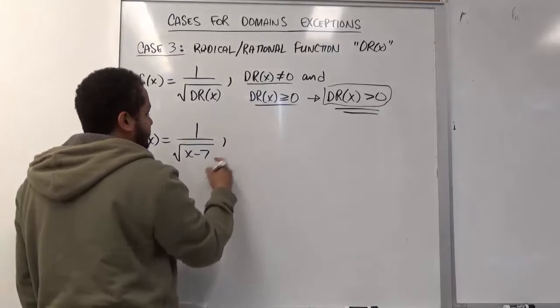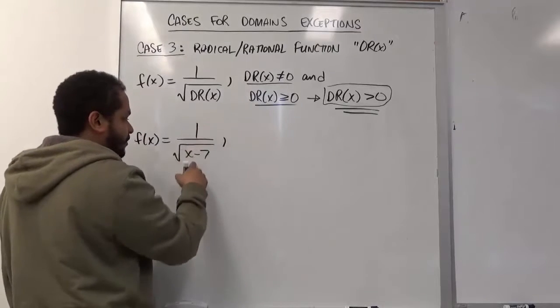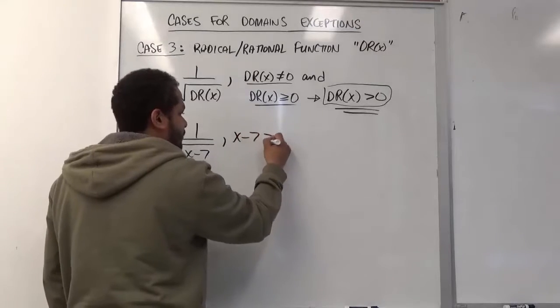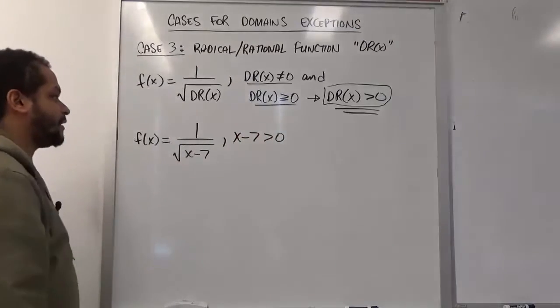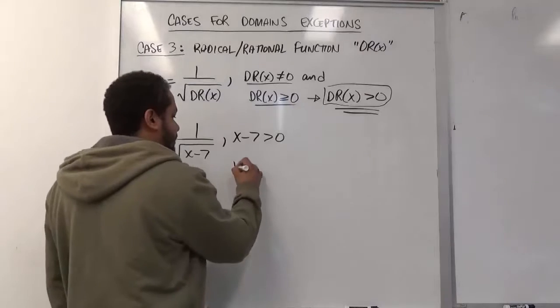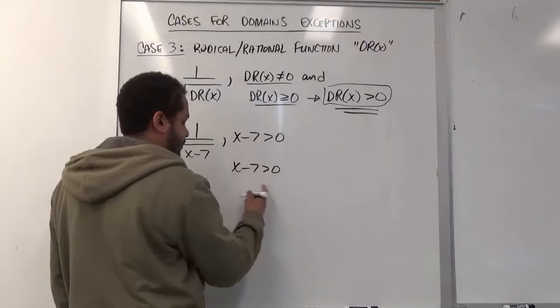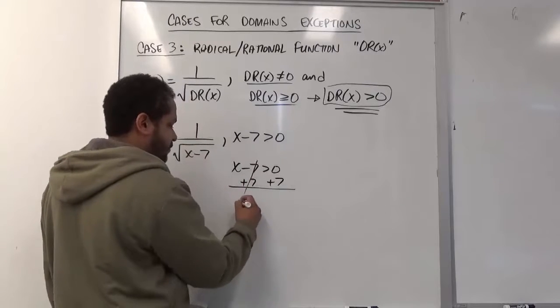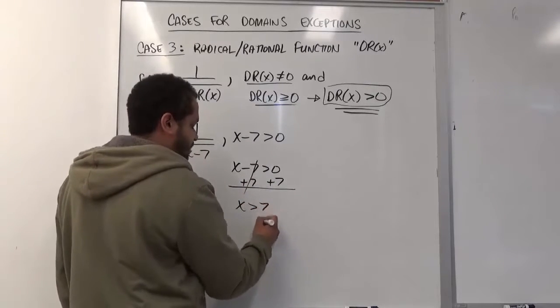And so here we're just taking the inside of the denominator of the radical function and setting it greater than 0. And again, we just go on to solve this problem. We take the x minus 7 inequality and we solve to get the domain. We add 7 to both sides. These 7s will cancel and we get x being greater than 7.